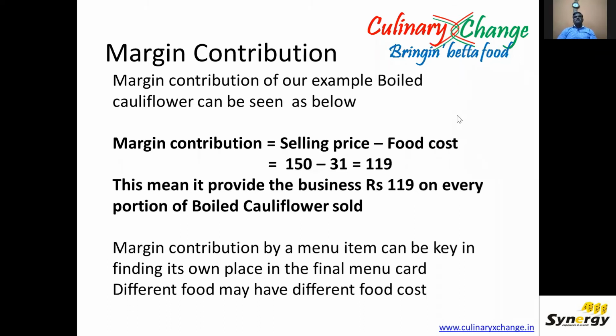Different products give different margin contribution. In a vegetarian restaurant, you can see idli contributes very little because it is normally priced low, and dosa will contribute more because it is normally priced high. And there are a few small changes in dosa. We try to increase the price by another 10%, 15% like that. So dosa will definitely contribute more towards the margin contribution.